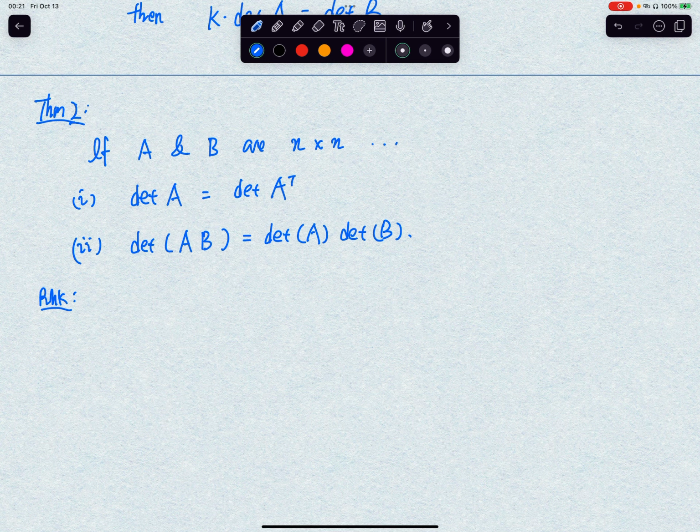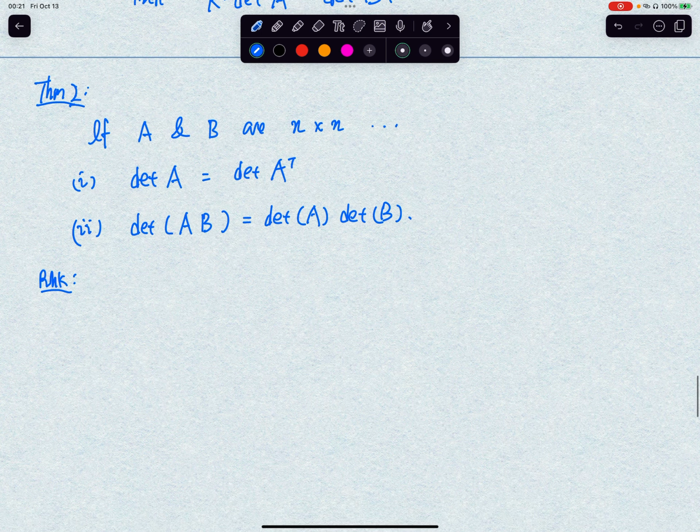But this is quite counterintuitive: the determinant of A plus B is not necessarily equal to the determinant of A plus the determinant of B. So to compute the determinant of the sum of matrices, we shall need other techniques, but it does not simplify in the same way as the determinant of a product of matrices.